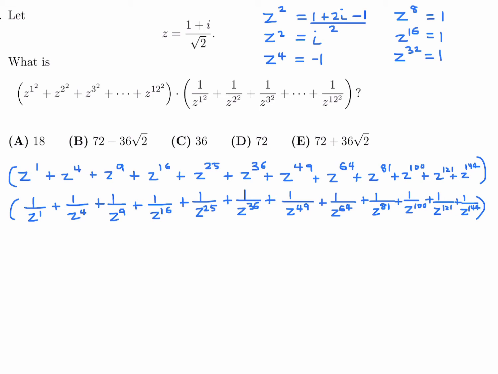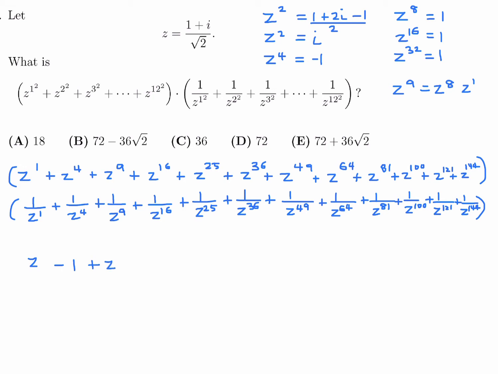Z to the power of 1, this guy, that's just z. Z to the power of 4, that is negative 1. Z to the power of 9 is going to be z to the power of 8 times z to the power of 1, like that. And since z to the power of 8 is just 1, that's 1 times z, so that's going to be z.